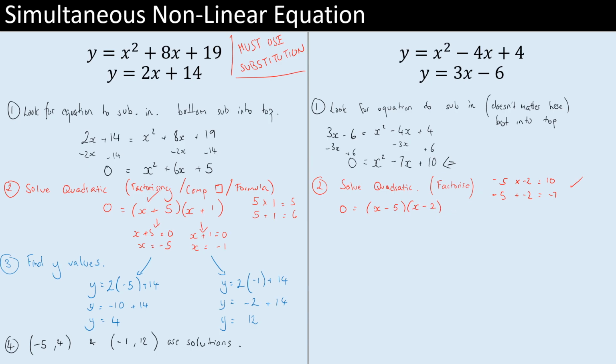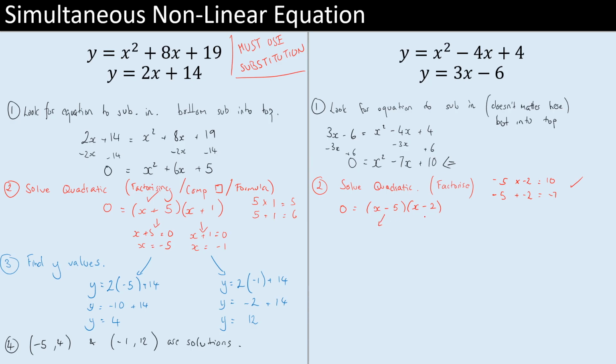If you're not happy with your factorizing, I would suggest you have a look at that. I think there's loads of stuff on Hegarty to do with factorizing. You can just search it in the top bar, and it'll come up. Now, where do we go from here?